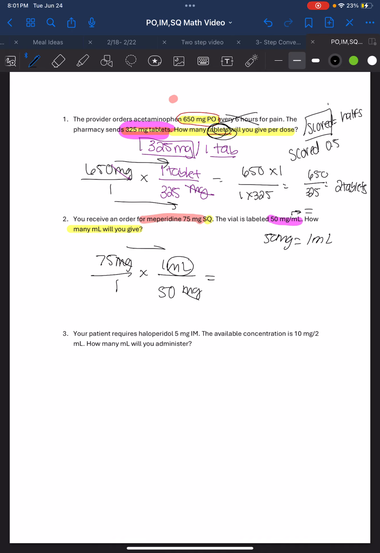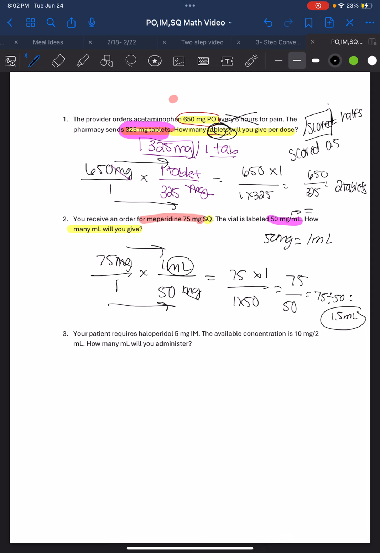We multiply across and get 75 times 1 over 1 times 50, which is 75 over 50, and 75 divided by 50 gives us 1.5 mLs, and that's how much we would give our patient.